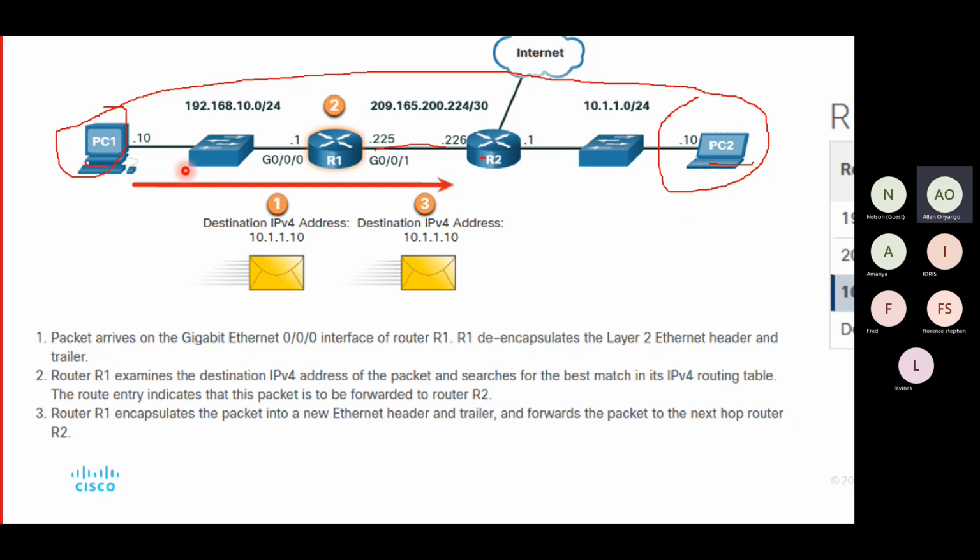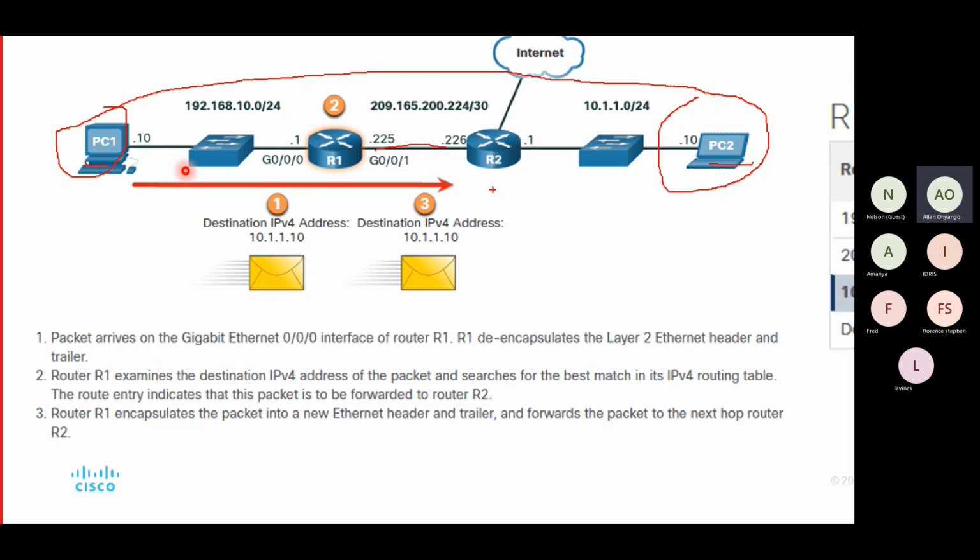The destination IP on the packet is going to be used to examine the routing table to check: is it going to the internet or is it going to PC2? Once that happens, R2 is going to re-encapsulate the packet using a new frame and re-encapsulate the frame into bits of zeros and ones, and it is forwarded to PC2, passing through the switch.